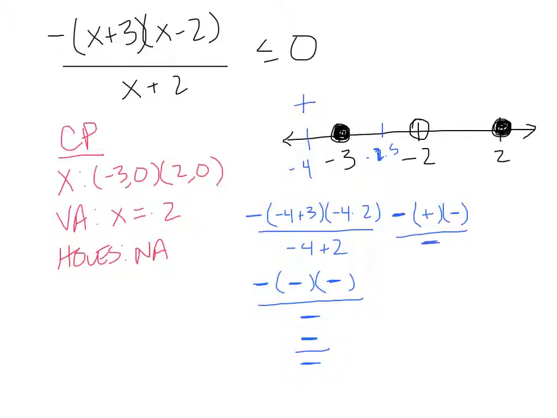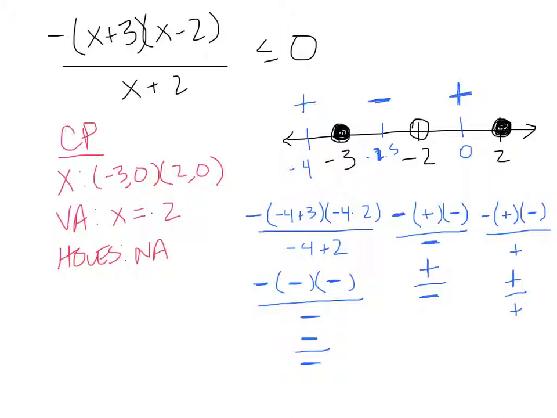So I end up with a positive on the top and a negative on the bottom, which is actually negative, so that interval is a negative interval. Now, finally it gets my 0, so this will be an easier one. We'll end up with a negative times a positive times a negative over a positive. That ends up being positive over positive, which is a positive interval.